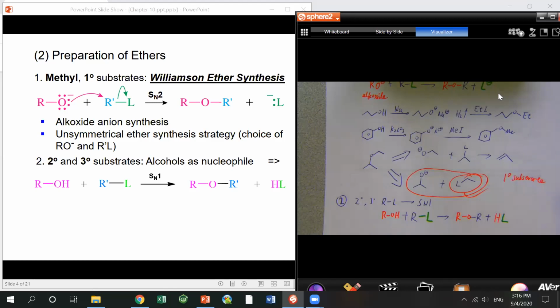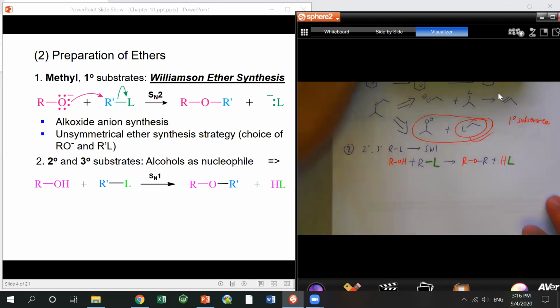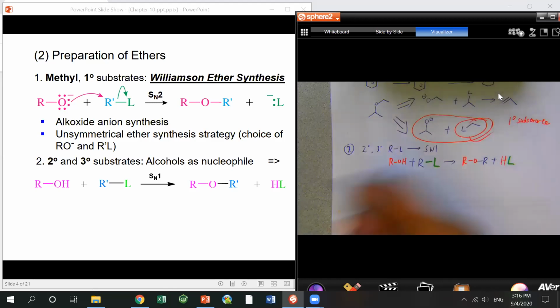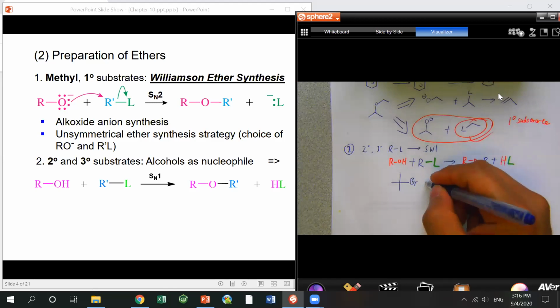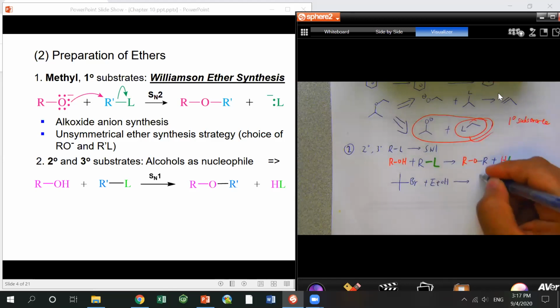So that's the whole process. Let me give you one example. A t-butyl substrate, t-butyl bromide, reacts with ethanol, a weak base, weak nucleophile, and you generate the ethyl ether.